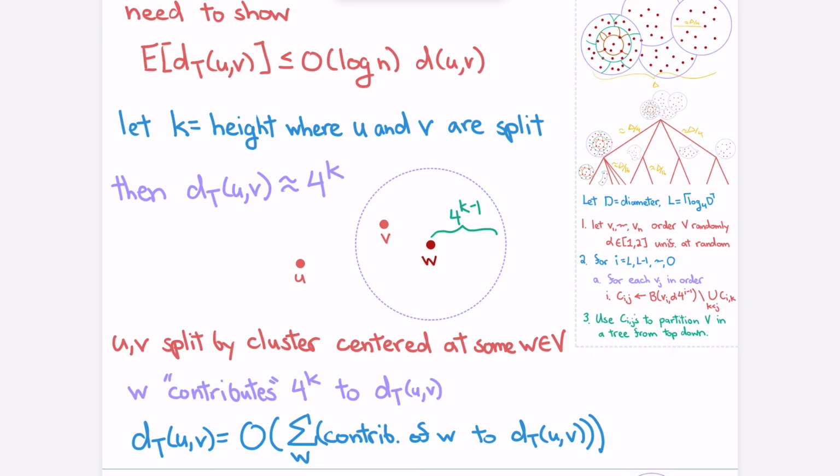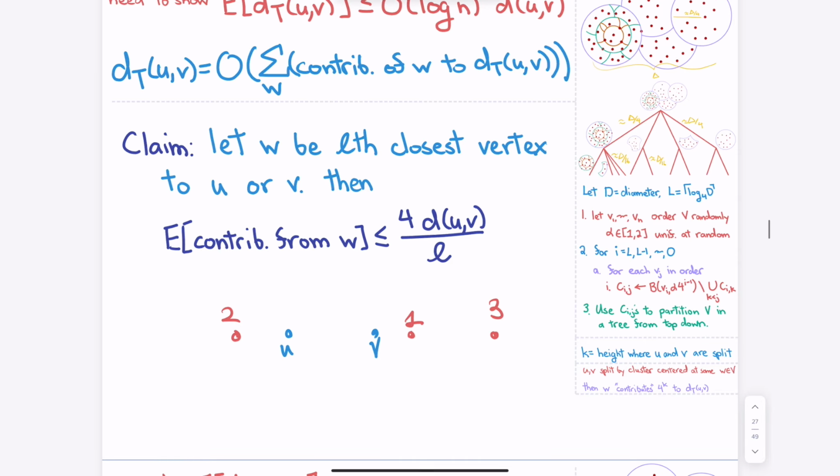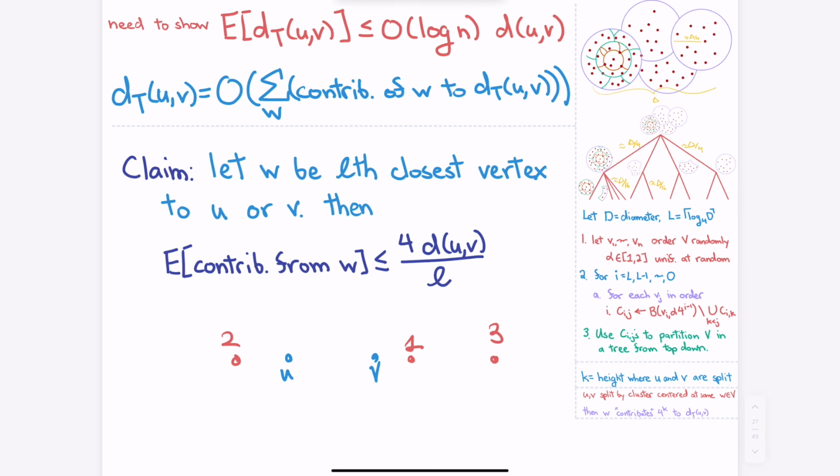But the point is that only one of these vertices ultimately determines the distance. Everything's randomized, that's why we want this expected claim. If a vertex is the 10th closest, its expected contribution, which means it has to be the one that splits them up, is distance over 10.